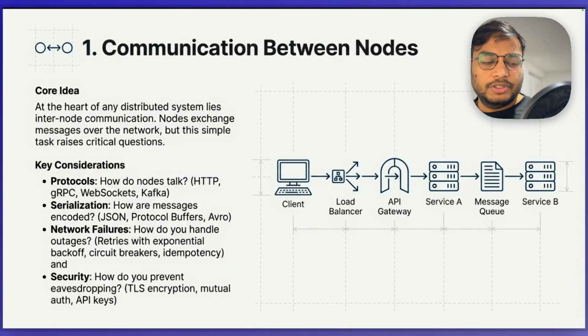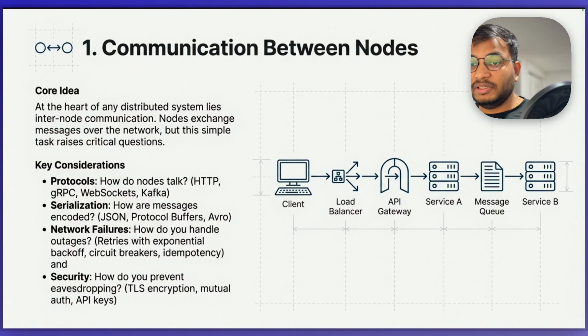So a distributed system is mostly about how one system communicates with another system. At the core of it, we need to send a message over a network, and to transfer this message from one network to another, we have a lot of technologies or key things that we need to consider, like what protocol we use when we transfer, how data is received from client to server or from data loader to API gateway, and what happens when the network fails, like how do we handle outages, right?